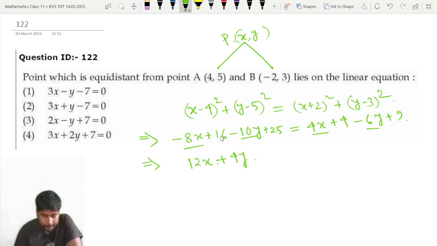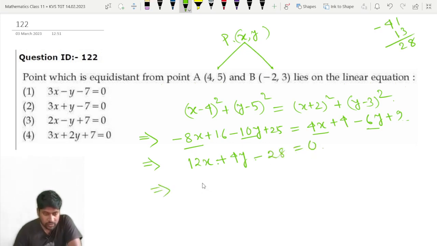Okay, so 16 and 25 means 41, and here in this side 13, so 13 minus 41 gives minus 28. So 12x plus 4y minus 28 is equal to 0.